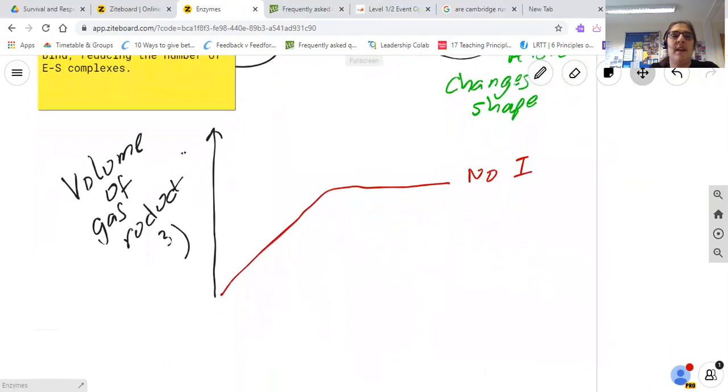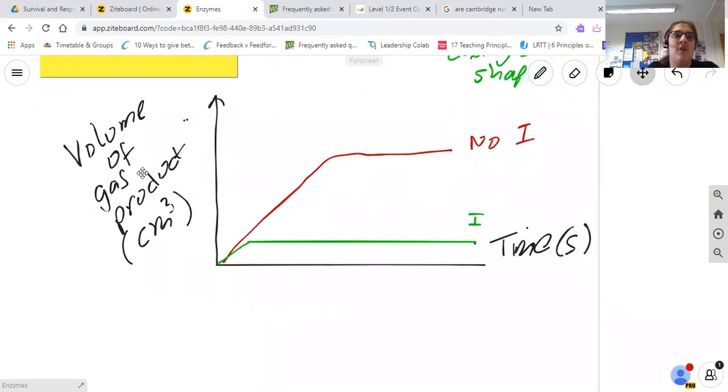So with the same graph as before, so volume of gas product against time, as you increase the time, obviously the reaction is happening until the point at which the reaction stops. But with a non-competitive inhibitor, it will basically increase a little bit, and then once you've denatured all of your enzymes, it will stop. No reaction will take place. Please be really careful at looking carefully what's on your graph.